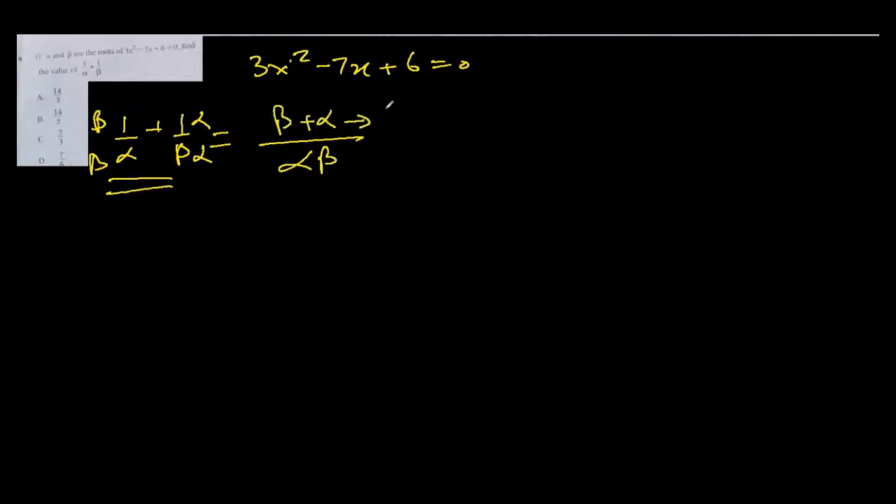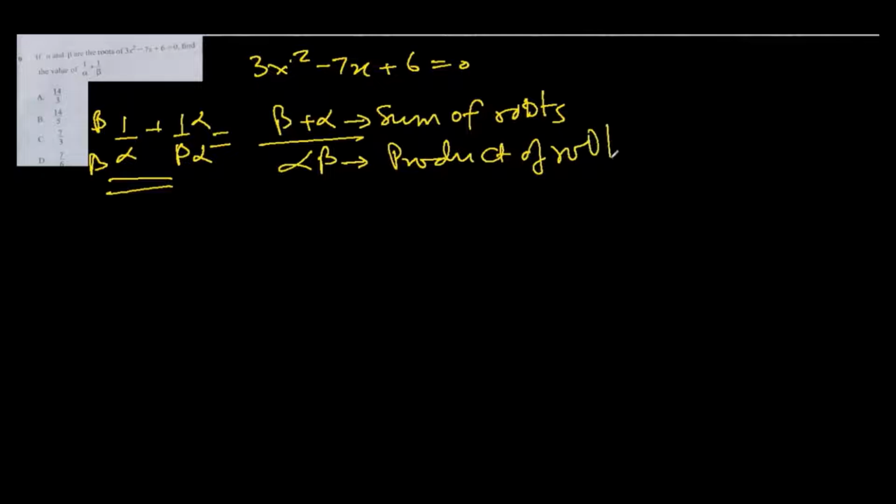So can you see this is the sum of roots, right? Because alpha and beta are roots, this is the sum of roots. This one is the product of roots. And we know that the sum of roots is minus b over a, and the product of roots is c over a, right? So it becomes minus b over a over c over a.